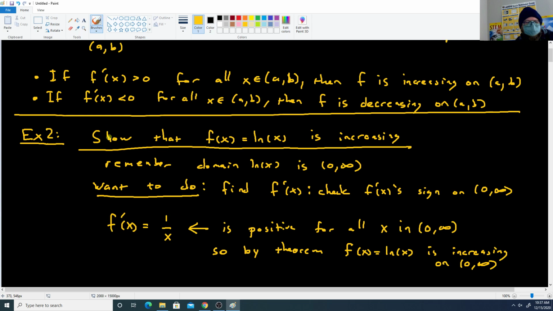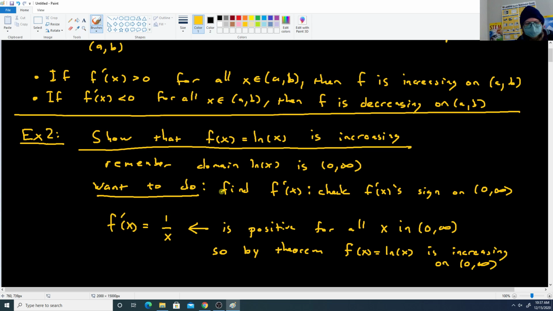So basically, we wanted to show that the function f of x equals natural log of x is increasing. From our theorem, if the first derivative is positive for all x in an interval, then the function is increasing. The domain of natural log of x is 0 to infinity.